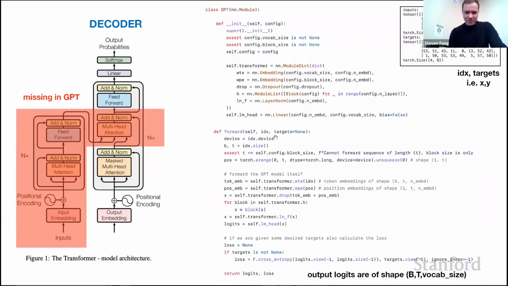In the forward pass, we take these indices and encode the identity of the indices just via an embedding lookup table. Every single integer indexes into a lookup table of vectors in this nn.Embedding and pulls out the word vector for that token.